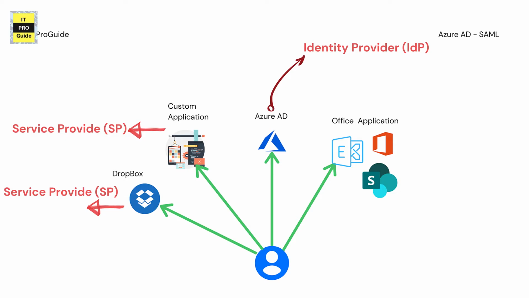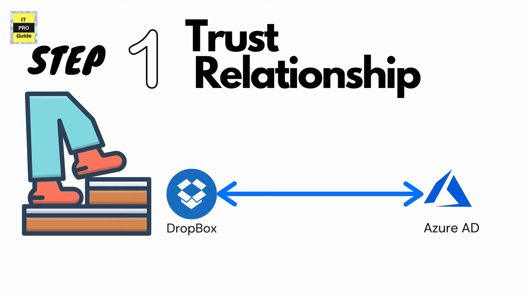So let's get familiar with the terminologies in SAML. IDP is the identity provider. In our case, it is Azure AD. Then SP is the service provider, that is Dropbox. The first step in a SAML configuration is federation trust between the parties involved in a SAML authentication.